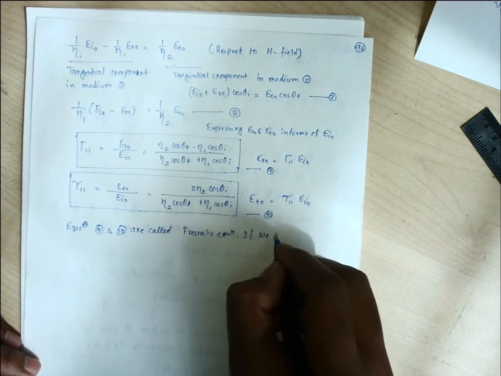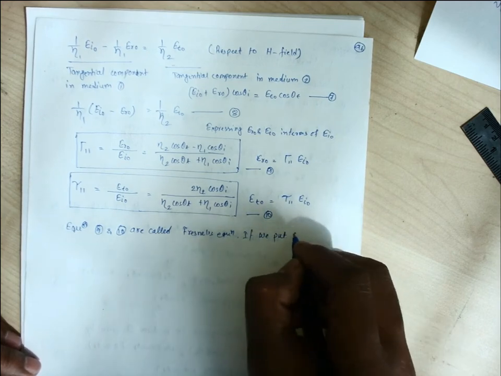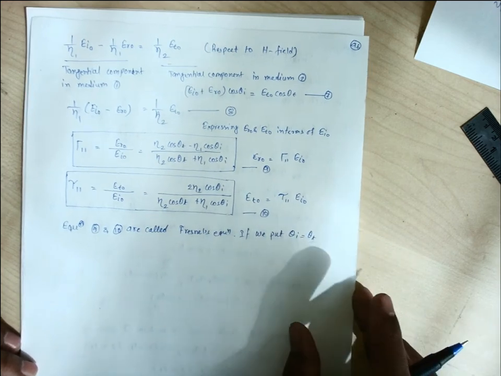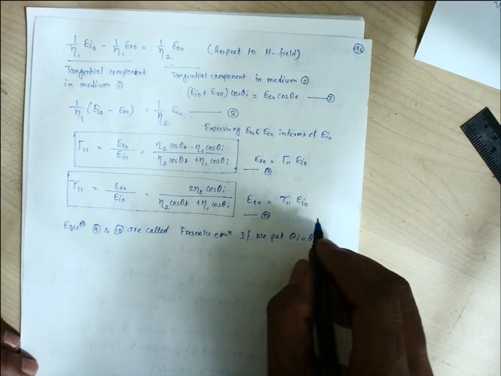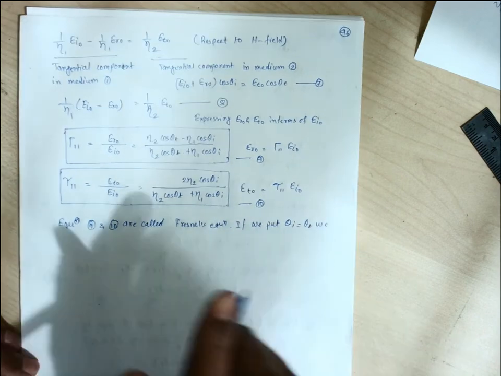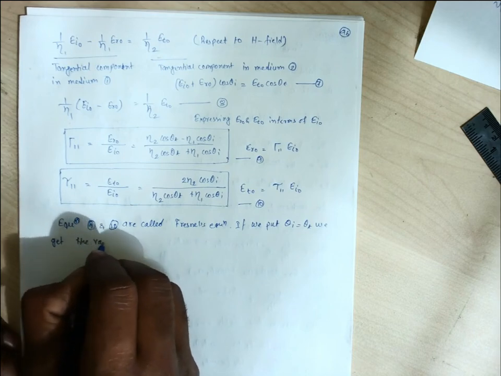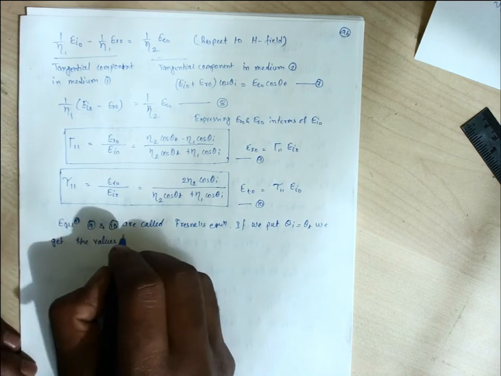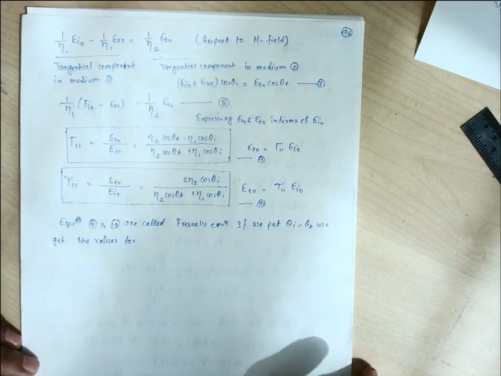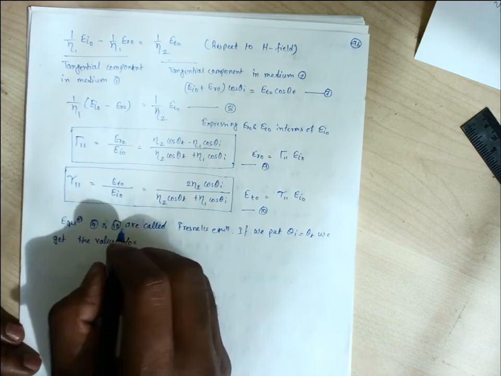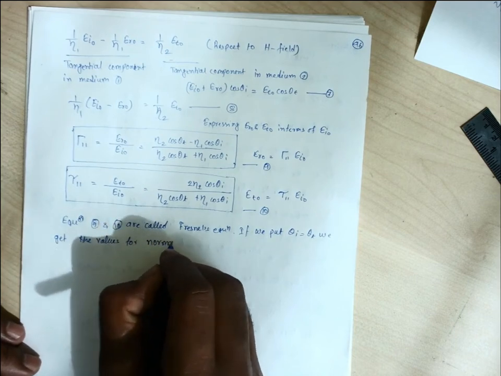If we put theta I is equals to theta t, which is the condition for the normal incidence, we will get the values for gamma or tau of normal incidence.